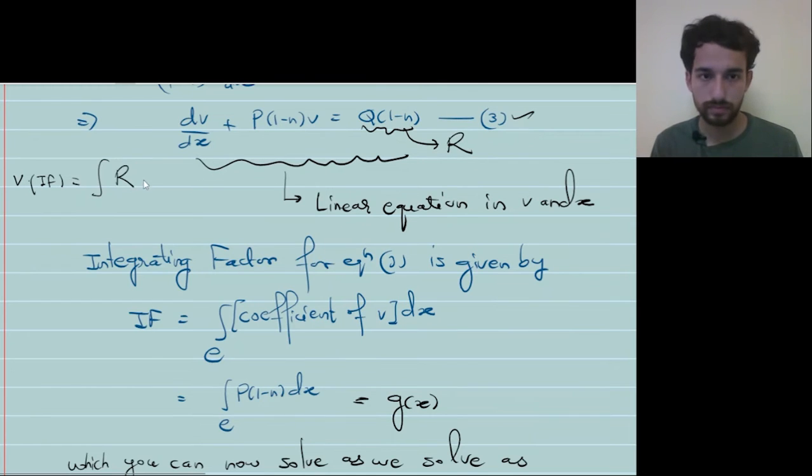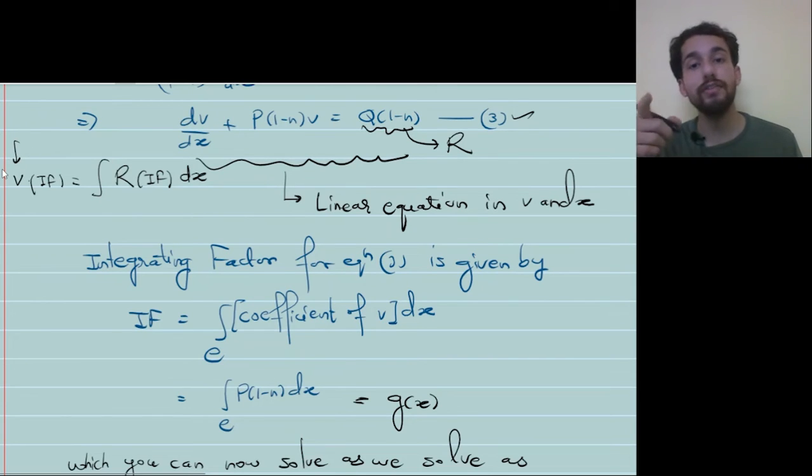So v times integrating factor equals the integral of r times integrating factor times the variable of integration dx. To solve this, you will find the answer in terms of v, and replace again v by whatever substitution we have made above.